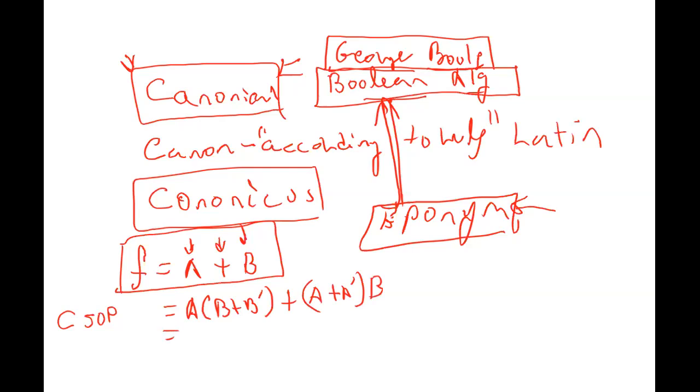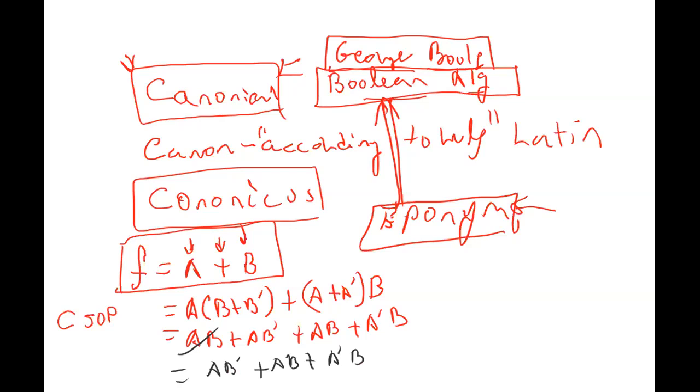We then use the associative law and write AB or AB' or AB or A'B. We then notice that AB is written twice, and therefore we can write our new canonical sum of products as AB' or AB or A'B.